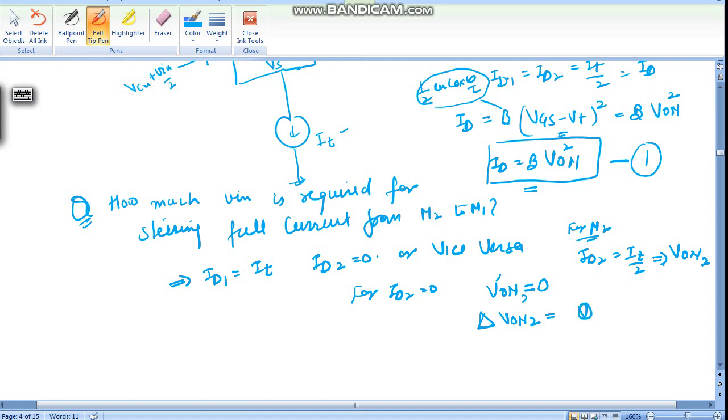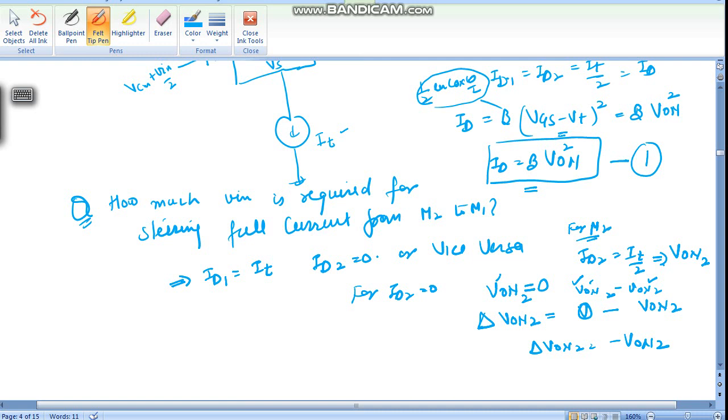Say this is new final value minus old value. So this is V on dash minus V on 2. This is final value, this is initial value. So delta V on 2 equals minus V on 2. So it means we need to make V on 2 zero. It means we need to take the input of gate of M2 down, or reduce it by V on 2 value.